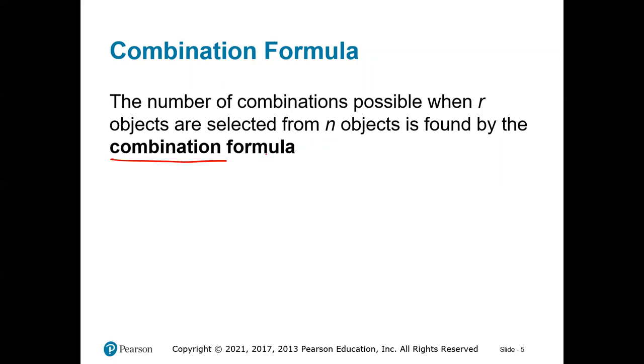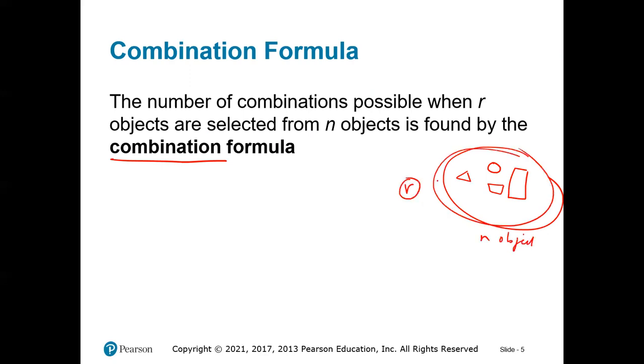Suppose that you have N objects: this is the first object, the second object, the third object, and the fourth object, and so forth. If your job is to select R objects from those N objects, and which one you pick first does not matter, then you have a combination.